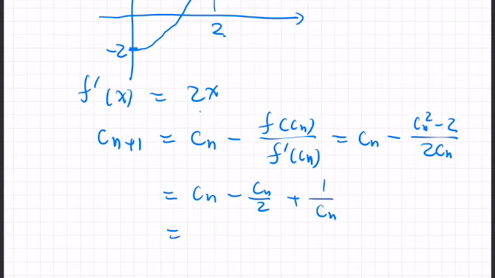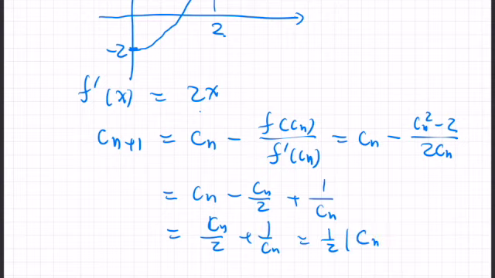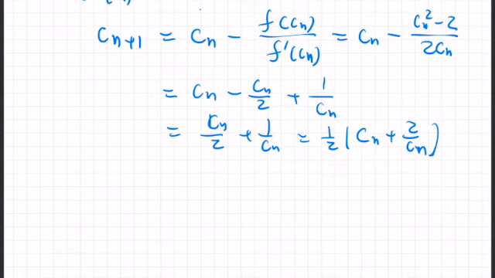So that's Cn over 2 plus 1 over Cn. To summarize, we have this recursive equation.